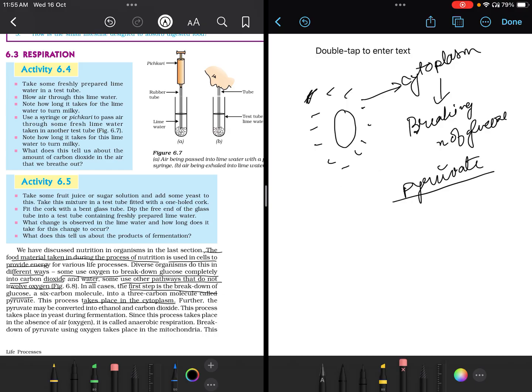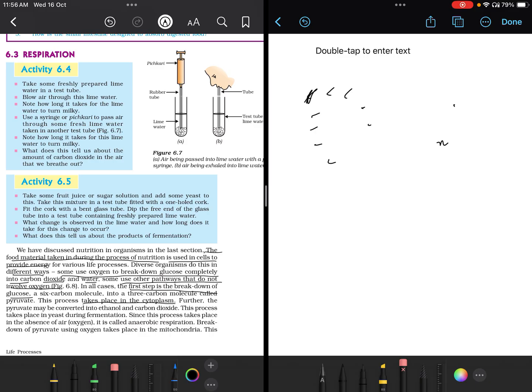Okay. Now, further the pyruvate may be converted into ethanol and carbon dioxide. This process takes place in the yeast during fermentation. So they might ask you what is fermentation. So you have to start with breaking down of glucose. So glucose is broken down into two molecules of pyruvate.